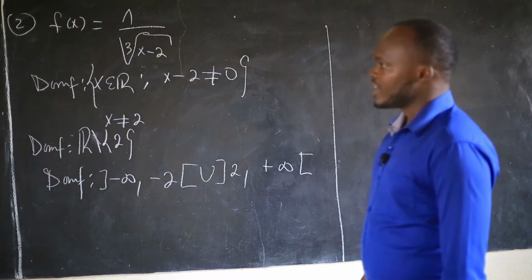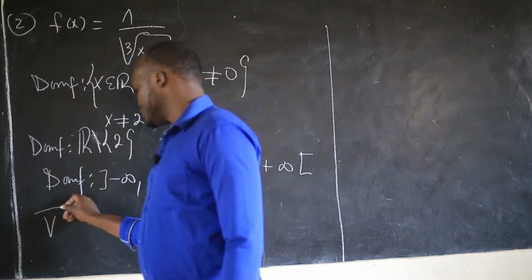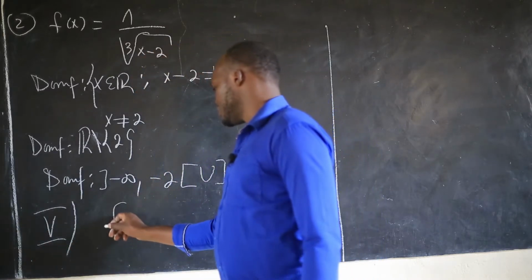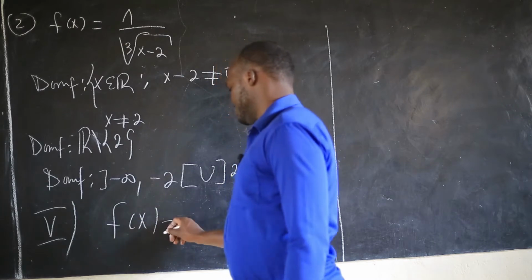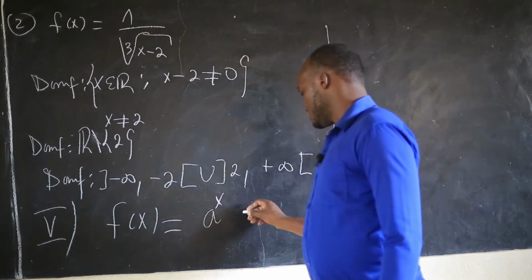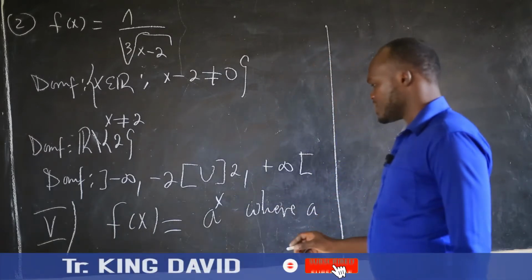Okay, from there we can see another function, like when f of x is an exponential function like a power x, where a is a constant.